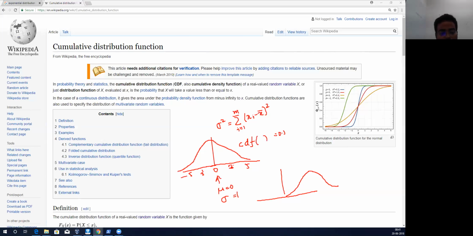Let me see more, just to get a hang of the distribution. Then there is the log normal distribution.